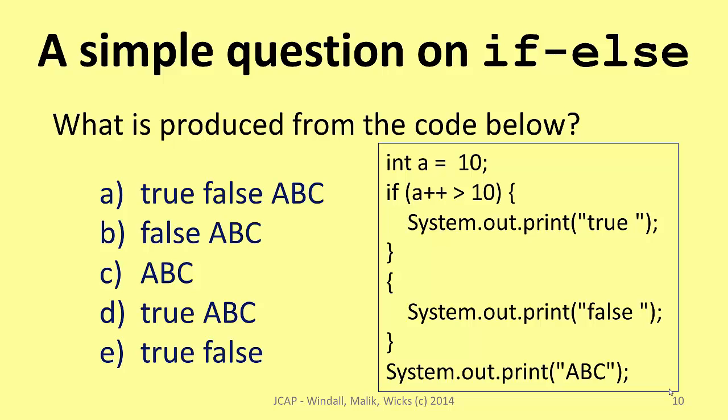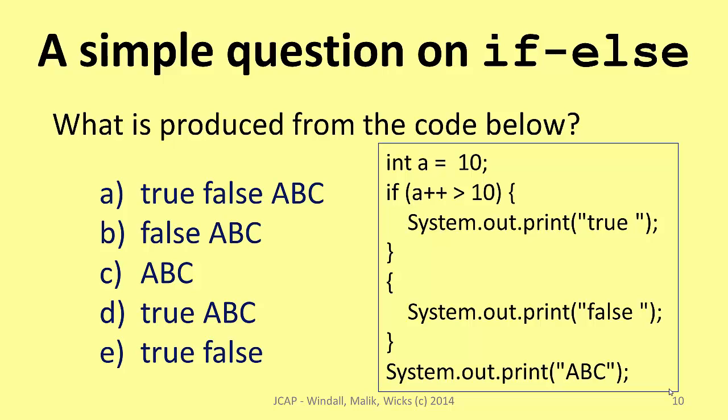So that ++a only happens after the test has been carried out. Remember the precedence rules. So that if will not happen because a is not bigger than 10. A is still at 10. So it won't print out true.